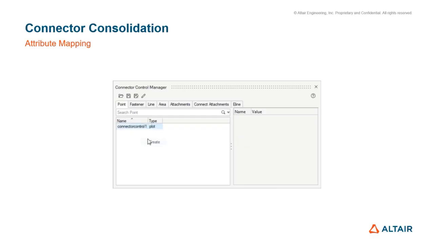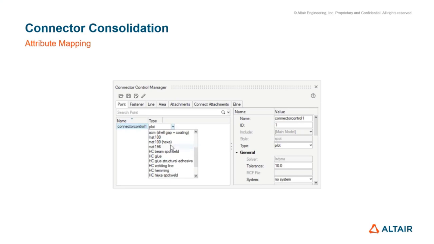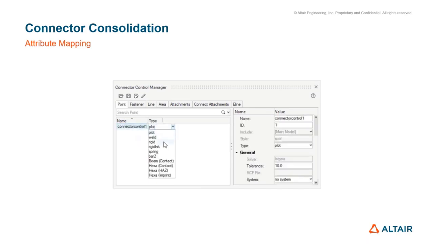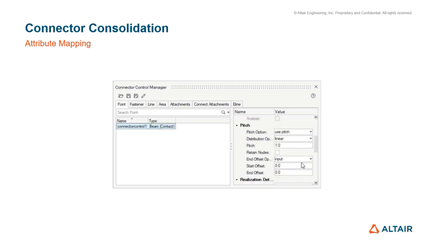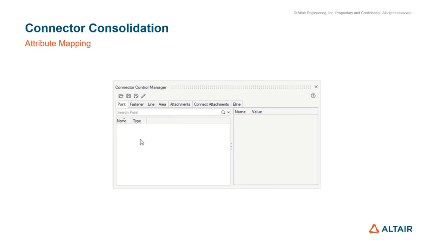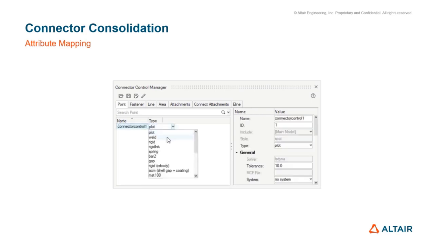What we used to see when we went to create a connector was, and this is an LS-DYNA example, 1,500 different realizations, but fundamentally all of these were duplicates and triplicates of each other. What we should now see is a very simplified list. In this case, for beam contact, the user can specify whether they want a map 100 or map 196 directly in the control. Historically, that card differential was the need for a different realization type.